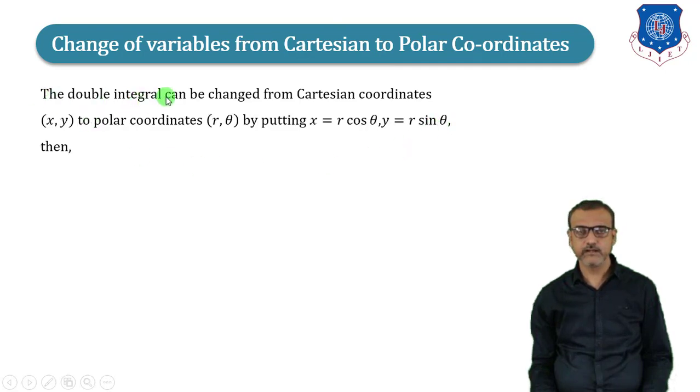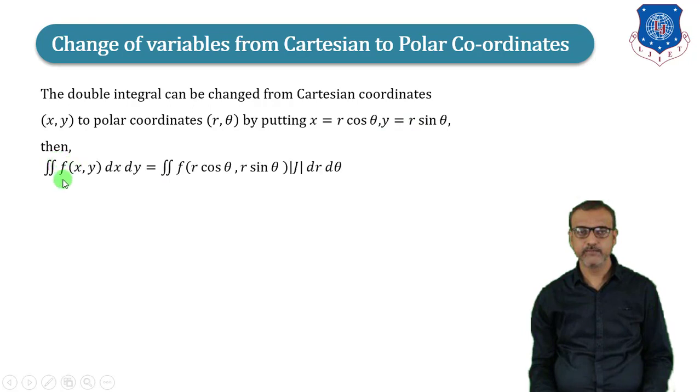The double integral can be changed from Cartesian coordinates x, y to polar coordinates r, theta by putting x equals r cos theta, y equals r sin theta.